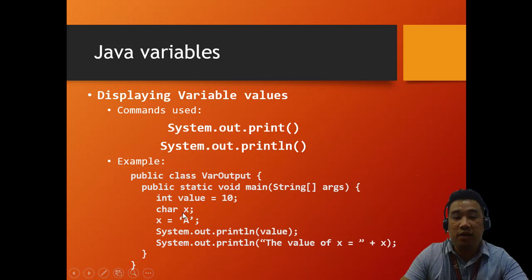Char x, so meaning this is a variable x. Then we assign value x equals to letter A. So paano ta siya i-display yung value ng x and the value na variable? So System.out.println value. So ang ubrahon lang na sang imong compiler, whatever value na variable mo dire is i-display niya lang.